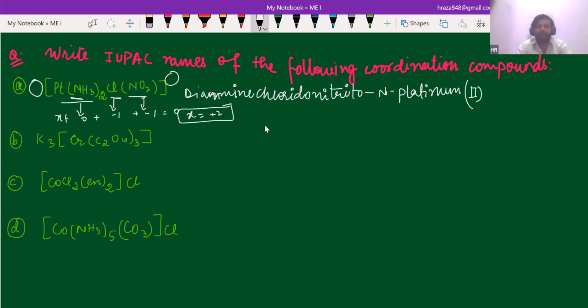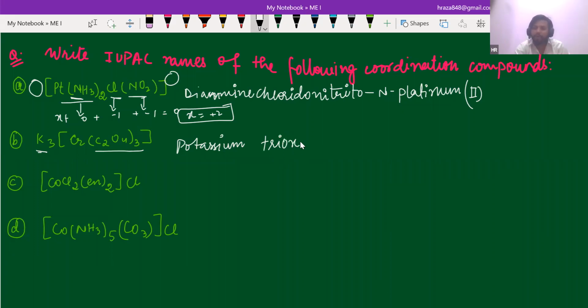Now see here, if you have a positive counter ion, you are going to write it potassium, not tripotassium. With a counter ion, you are not going to write tri, di, tetra. You are going to write simple potassium, and then a space, and directly jump to the ligand, and then it will be 3 times, that means tri, and it is oxalate ion.